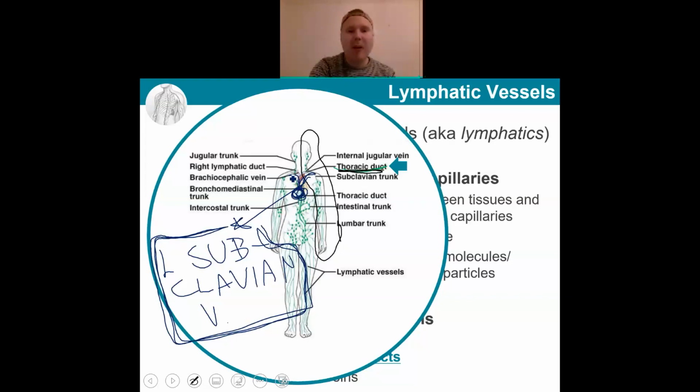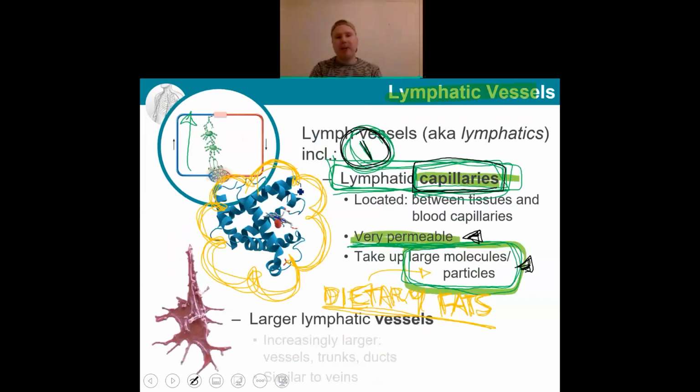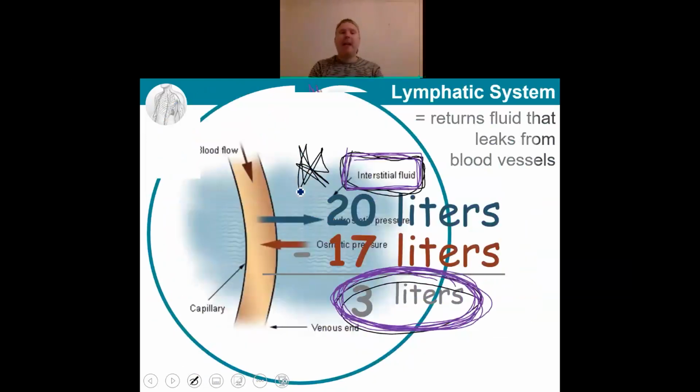So this is how, in the initial diagram that we saw, some of the blood escaped the cardiovascular system and some of it was picked back up, but we were left with these extra 3 liters.